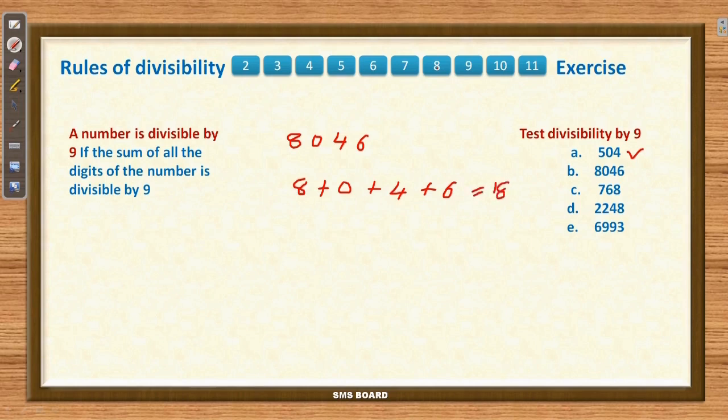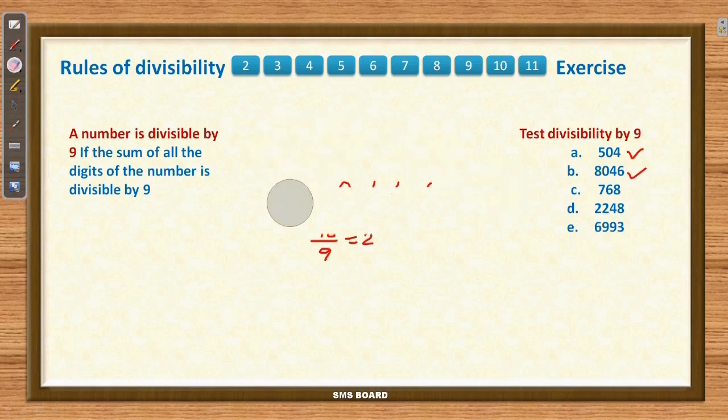So 18 is divisible by 9. 18 by 9 is 2. That means 18 is exactly divisible by 9. So this number is divisible by 9, because a number is divisible by 9 if the sum of all the digits of the number is divisible by 9.